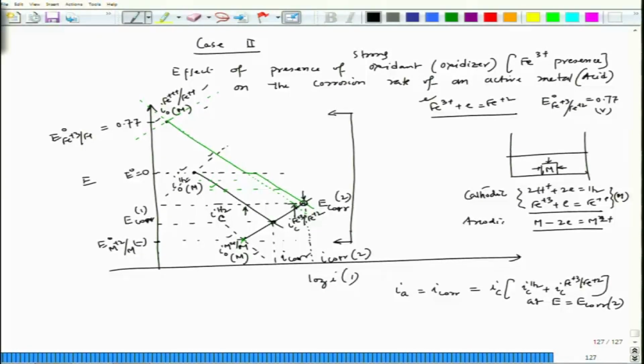So then we could see that again the corrosion rate of the metal is going up, and since it is in log scale, this corrosion rate increment of that metal is very high.